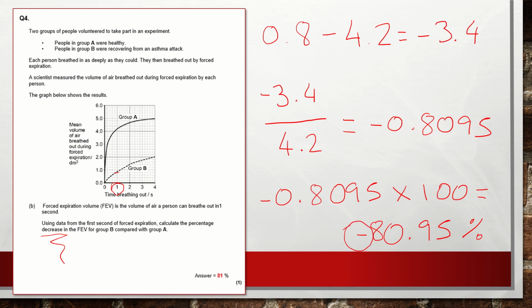So we have a decrease of 80.95%. If we go back to our graph and actually look here, so we want to see group B, we're comparing it against group A. So you can see here that there is a decrease. So there's a decrease when we're looking at them, which supports our answer for minus 80.95.